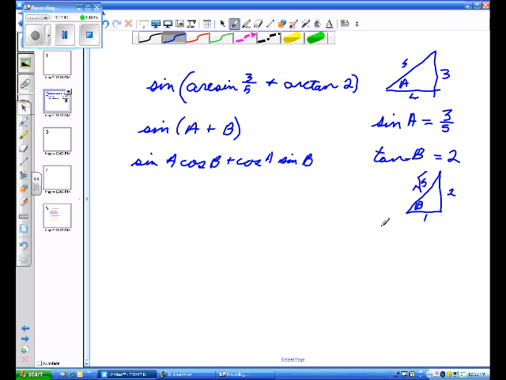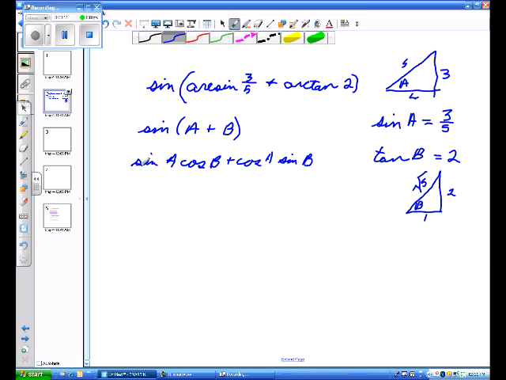Now, when we dealt with our arc functions, if you remember, when it was positive, we gave it back in the first quadrant, and if it was negative, we had specific quadrants that we gave it in. So since these are positive, we're going to be in quadrant 1. And as we go through and we add these up.